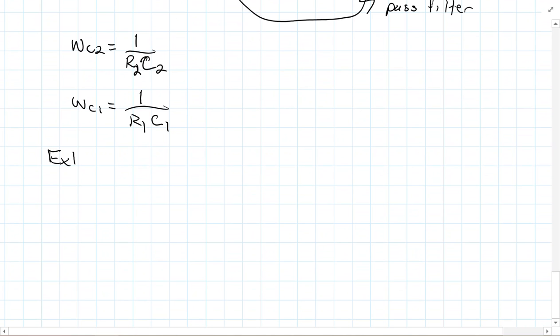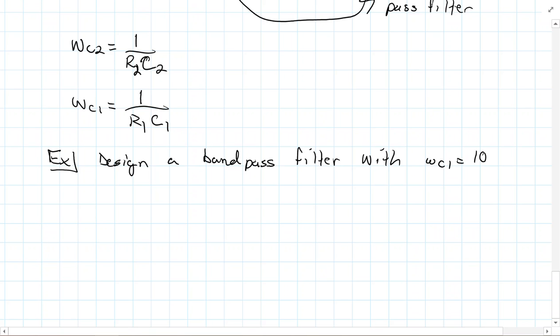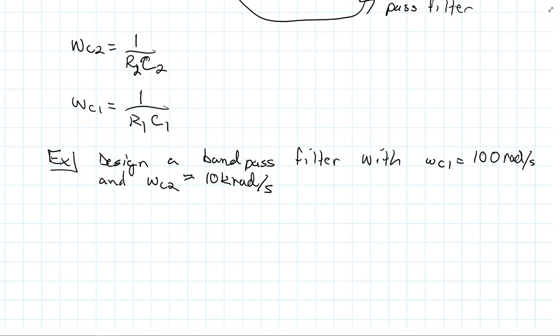So let's look at an example here. We're going to design a bandpass filter with omega C1 being 100 rad per second and omega C2 being 10 kilorad per second.